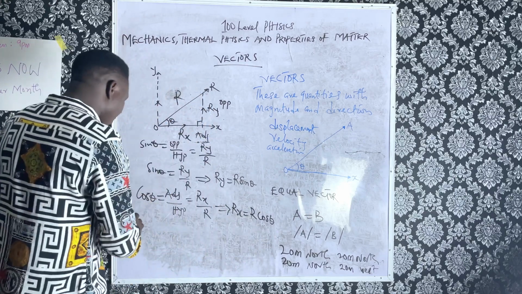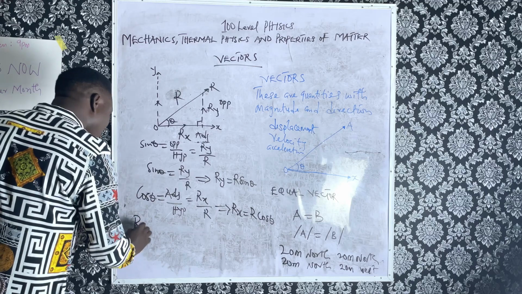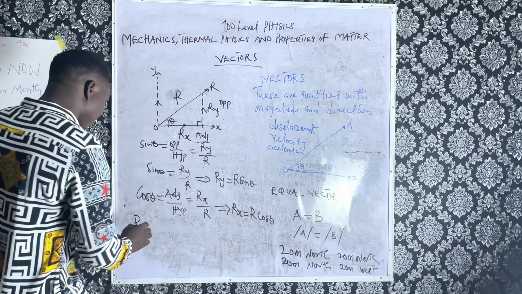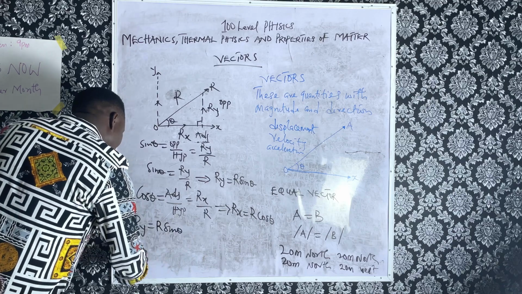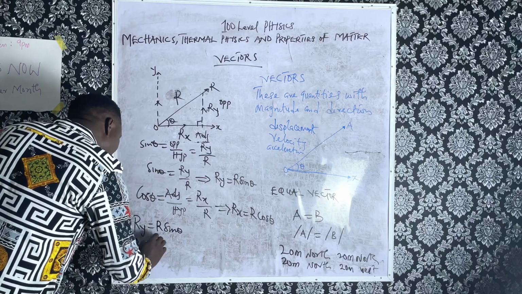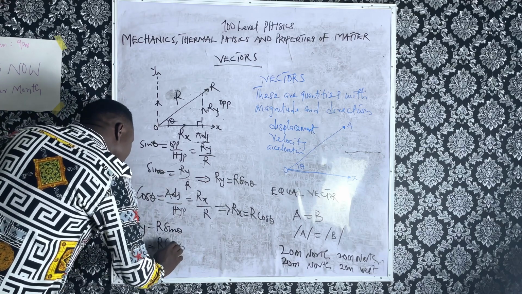So it means I have two components of the vector R: Ry equals R sine theta, Rx equals R cos theta.